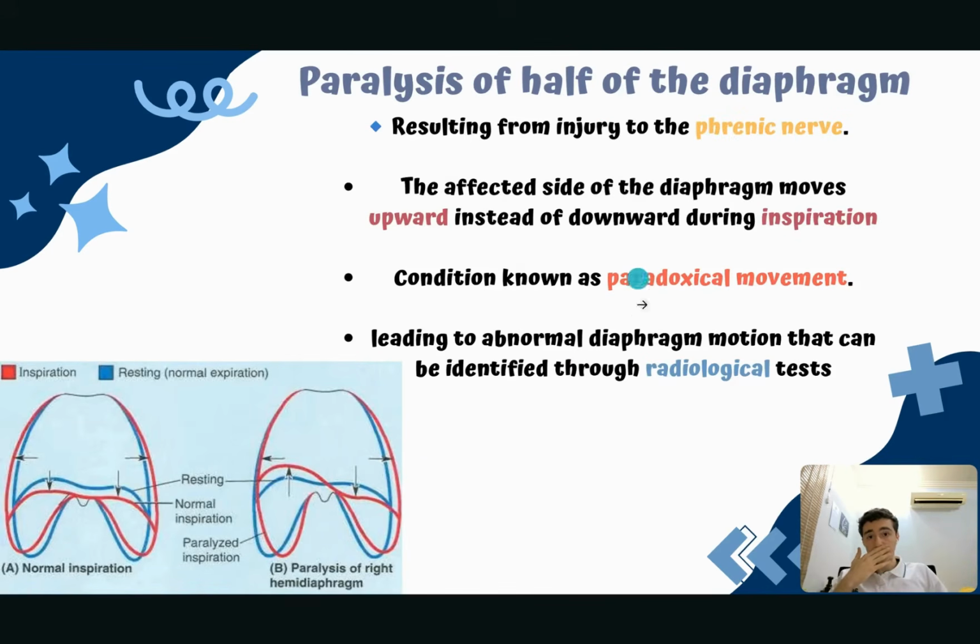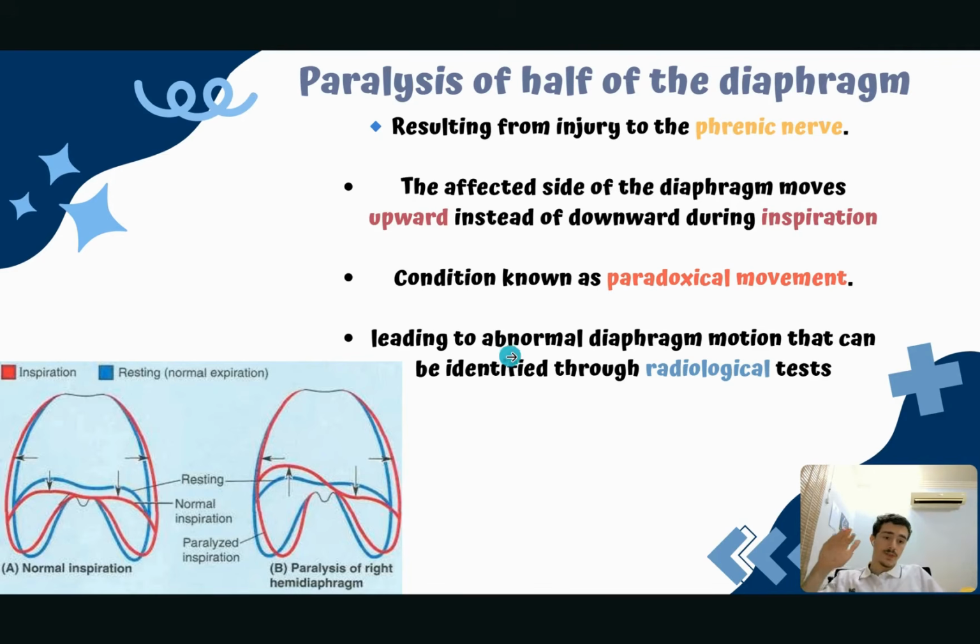Now we're going to talk about something very important, which is paralysis of half of the diaphragm. In this slide, the diaphragm is supplied by the phrenic nerve. We have two phrenic nerves, one to each side of the diaphragm. But what if an injury happens to the phrenic nerve?